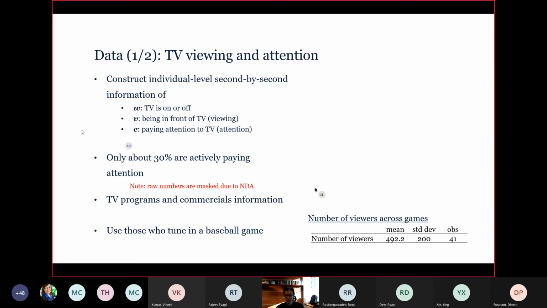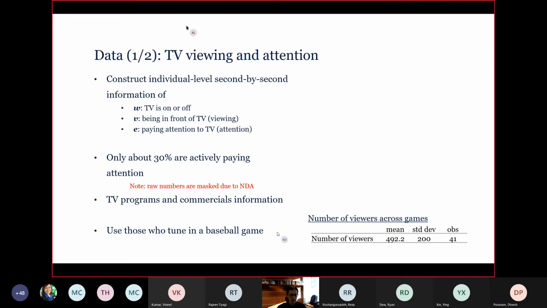Okay. They also collected information about TV programs and commercials. So we know the brands of each commercial, and also we know the YouTube video of each commercial, etc. And for this analysis, we're going to look at the baseball games.